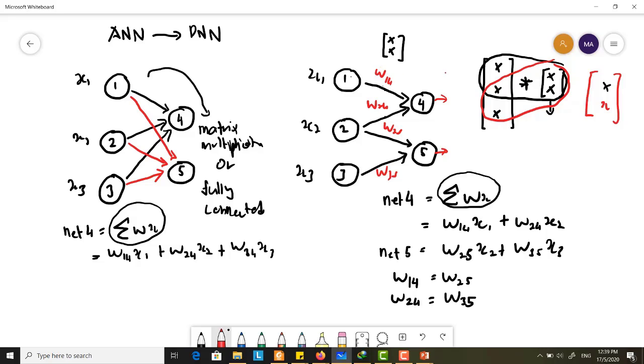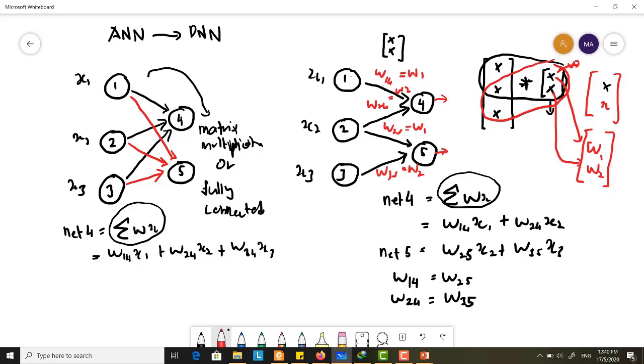As you can see, during the convolution, this is my W. Let's say this one is my W1, and this one is my W2. When you apply this, W25 is actually your W1, and W35 is actually your W2, because of the translation process.